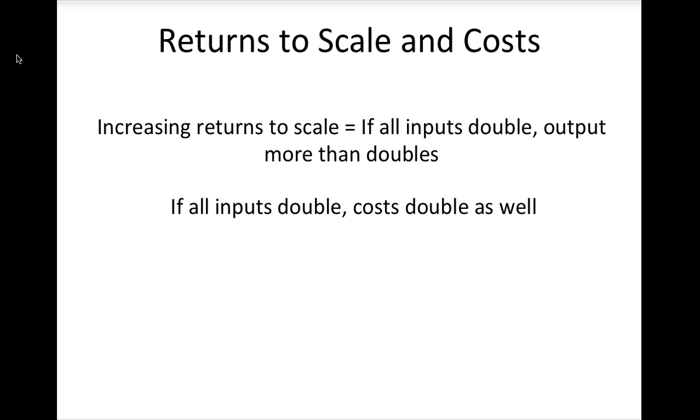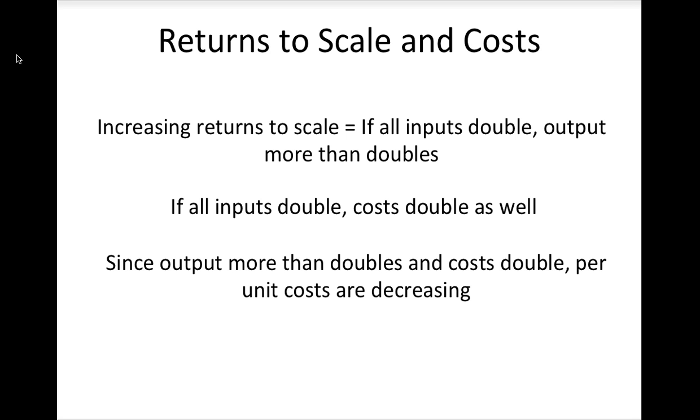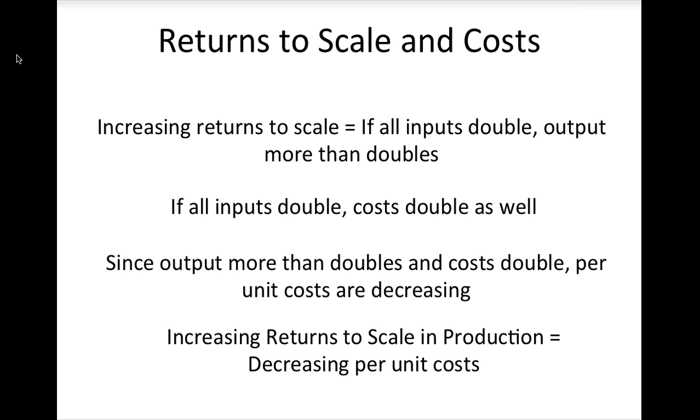Since output more than doubles, but costs are only twice as much, the firm's per unit costs are lower. This leads us to the general result that firms that have increasing returns to scale in production have decreasing per unit costs of production.